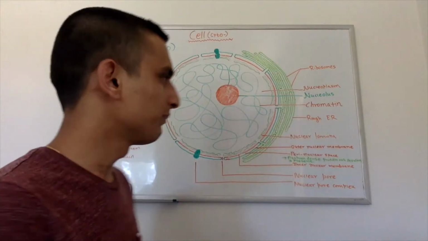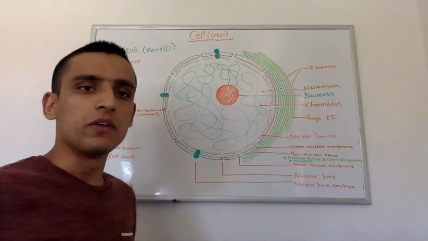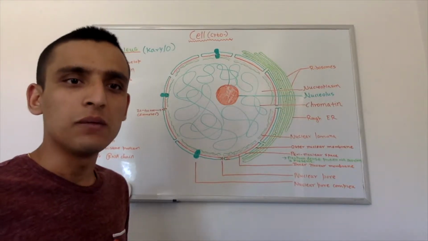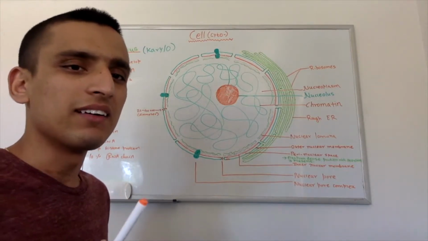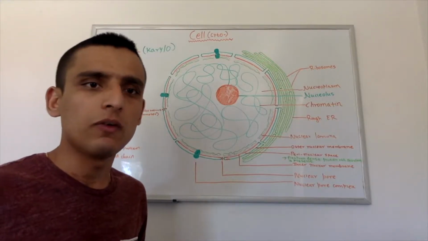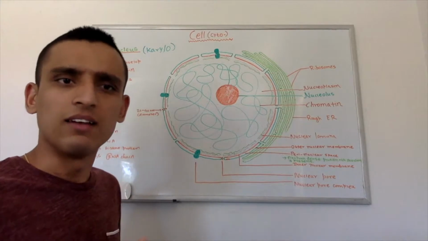Let's see here. This is a general structure of the nucleus. If someone tells you, can you draw a nucleus? You're supposed to have some idea that the nucleus is round or spherical in shape, or it may be oval in shape, depending on the shape of the cell, right?